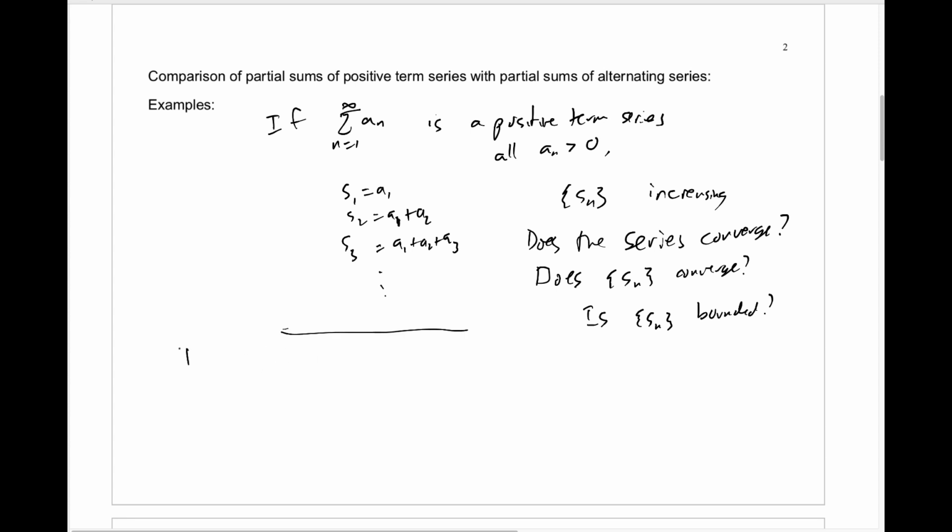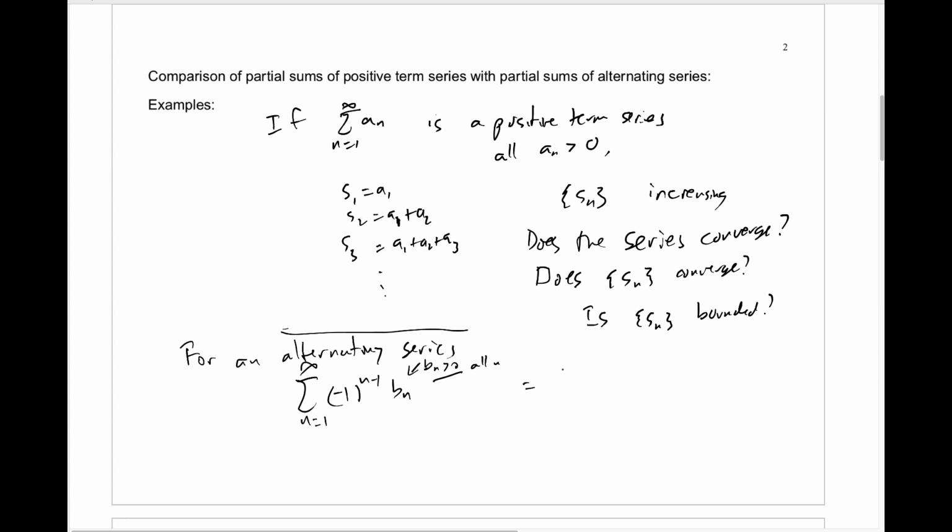For an alternating series, you have the sum of minus 1 to the n minus 1, b sub n. And remember the way we've formulated it here, all the b's are positive. This is for all n.